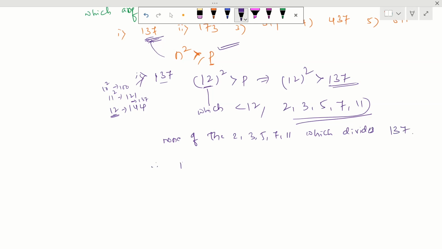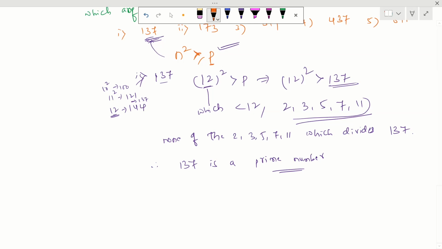Therefore we can say 137 is a prime number. What is the definition of a prime number? It is divisible by its own number and by 1, and by no other number. Such numbers are called prime numbers.